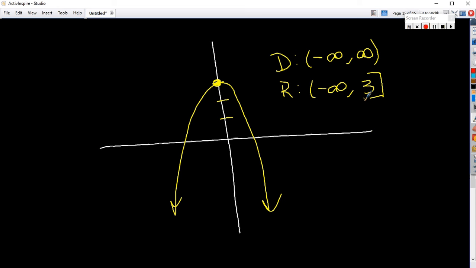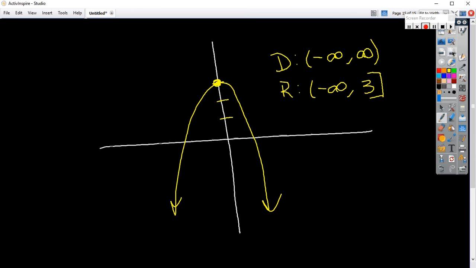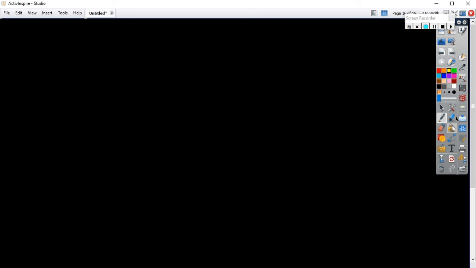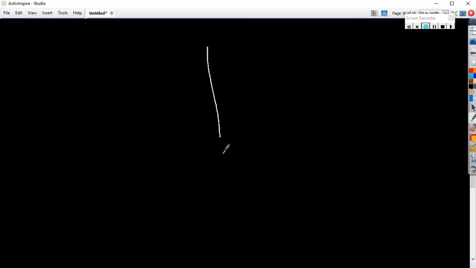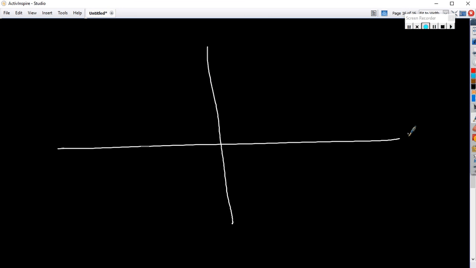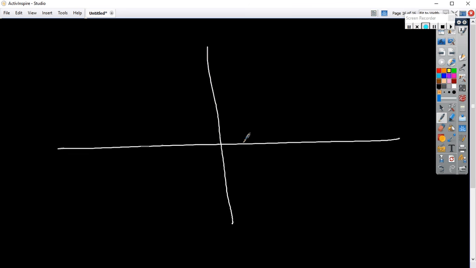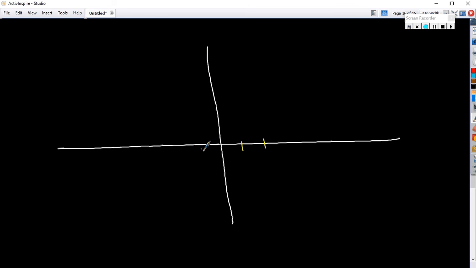Okay. I made you figure it out first. I made you do a few by yourself. Every quadratic is a parabola.